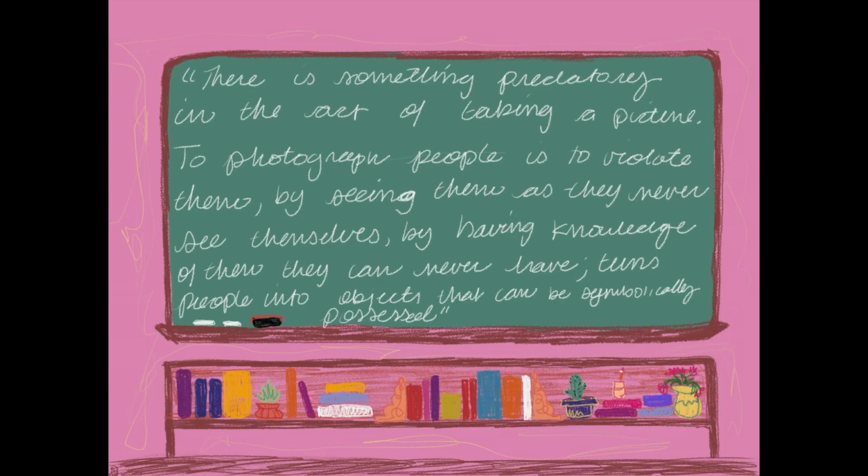And in doing so, it allows the artist to capture the subject from a very safe distance while rendering them sort of exposed under the camera's very intrusive gaze. She writes that, quote, "There is something predatory in the act of taking a picture. To photograph people is to violate them, by seeing them as they never see themselves, by having knowledge of them they can never have, turns people into objects that can be symbolically possessed."